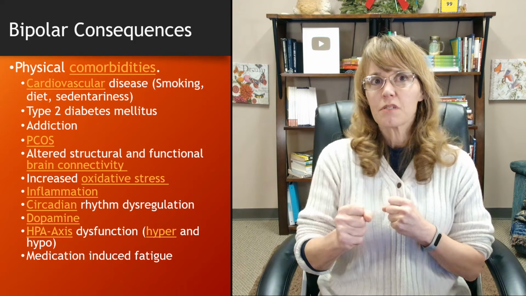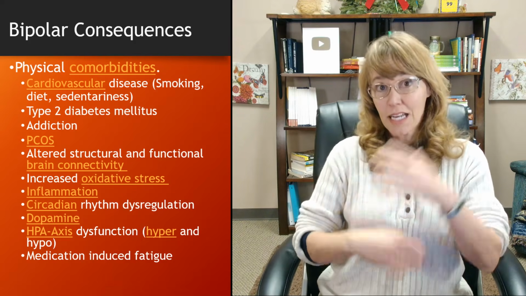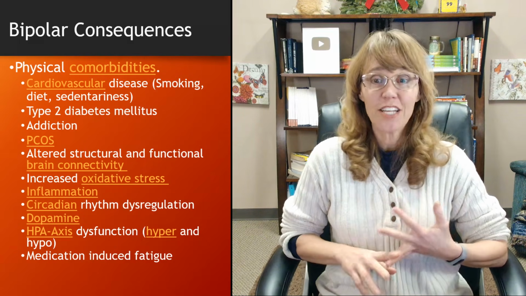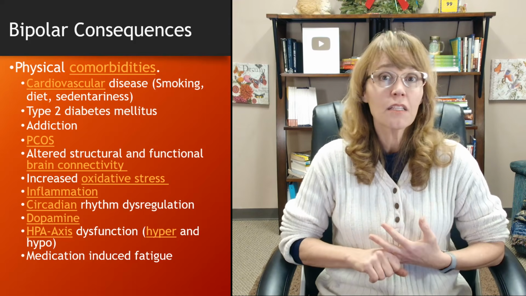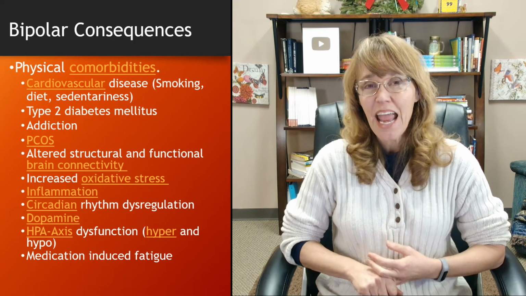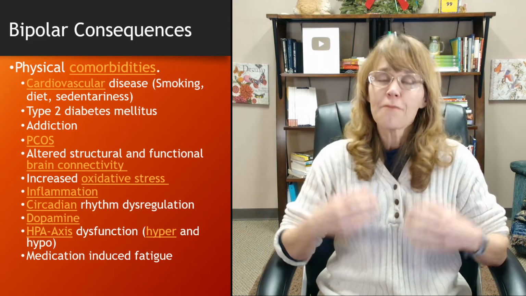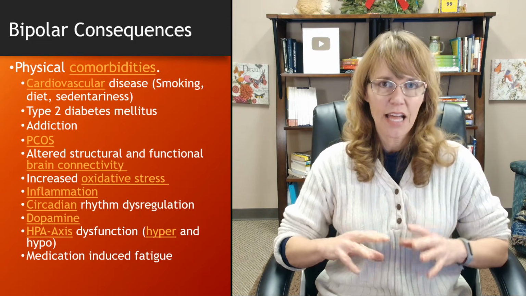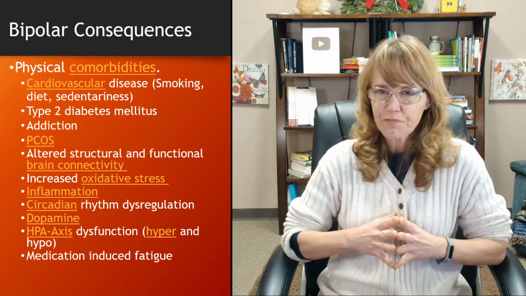So when people's gonadal hormones get out of whack, and with PCOS, it's particularly progesterone and estrogen, it can affect the levels of their neurotransmitters. And their brain, the way it's wired, may be more sensitive to that, which could trigger an episode.